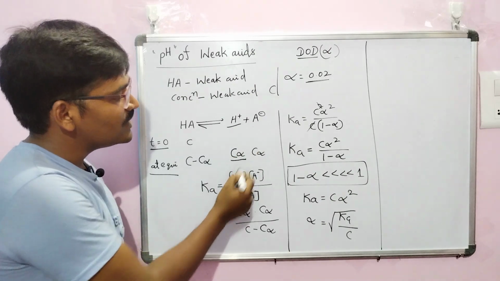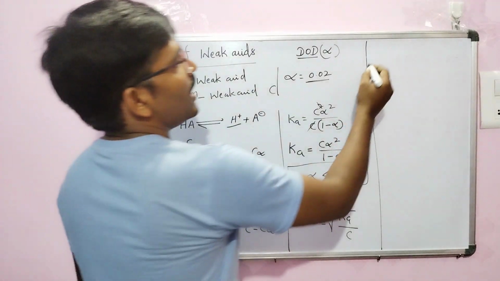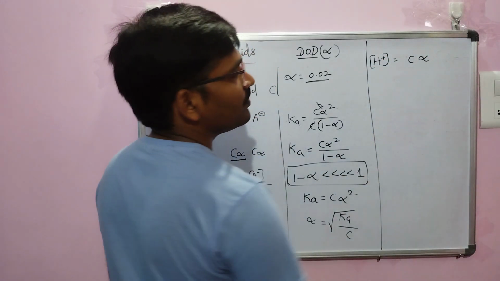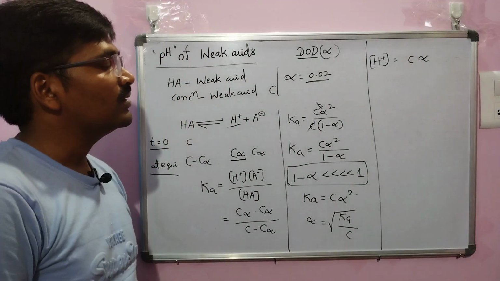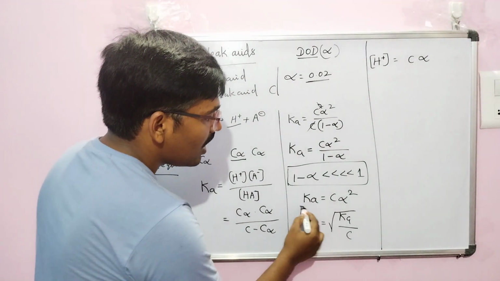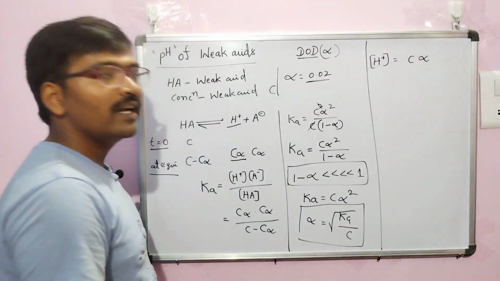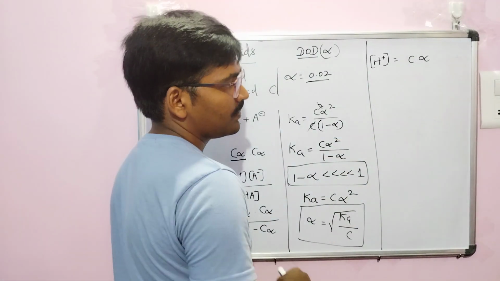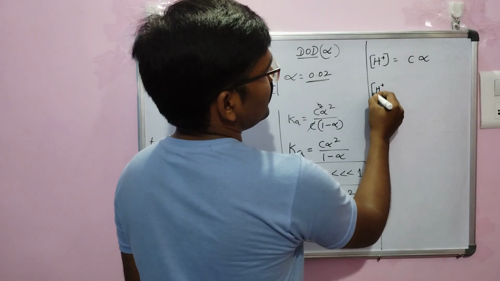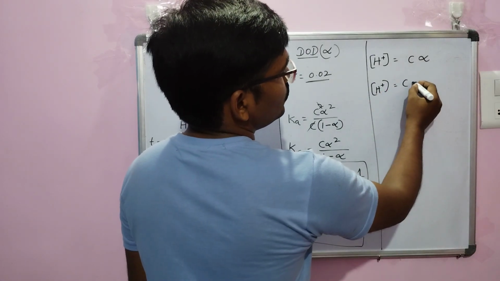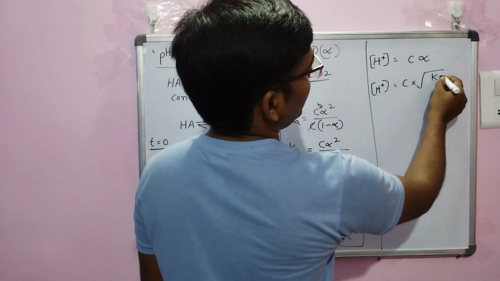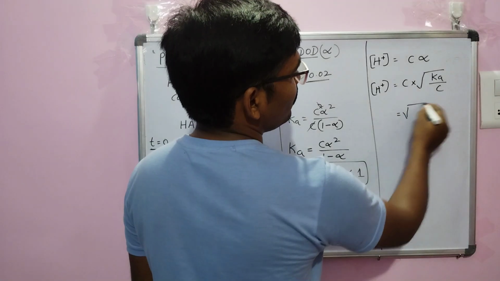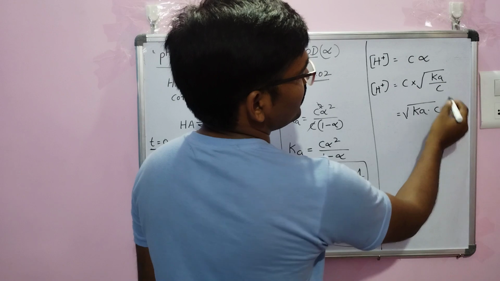At equilibrium, H plus ion concentration equals C alpha, and alpha equals square root of Ka divided by C. Substituting this alpha, H plus ion concentration equals C into square root of Ka divided by C.